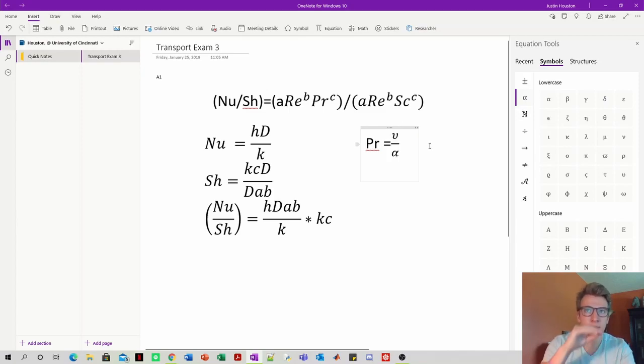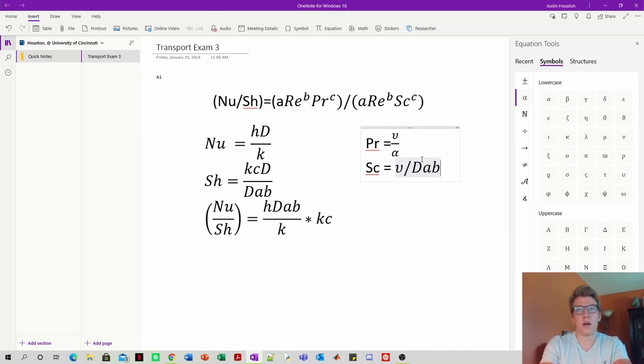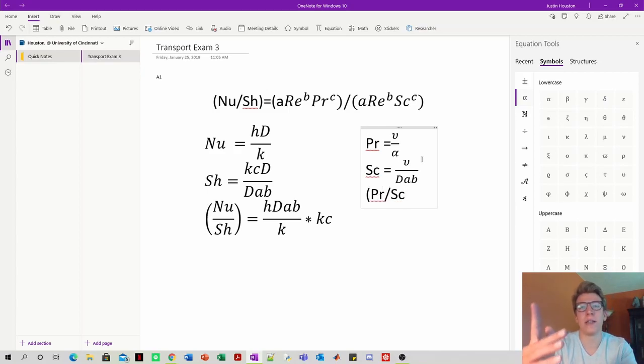And then, like I said, I also want to define the Schmidt number, which we know is equal to the kinematic viscosity again, divided by diffusion coefficient DAB. And so we know that we can combine the Prandtl over the Schmidt number, which is what it is in the equation up there.